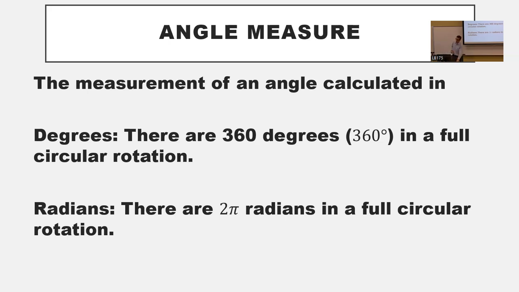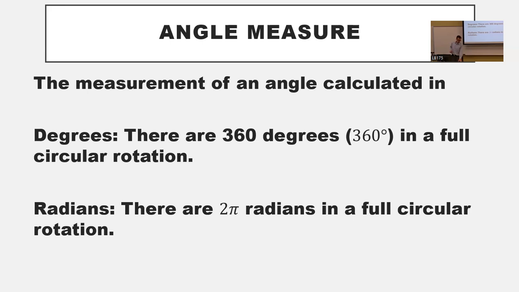With degrees, a full circular rotation is 360 degrees, and then any partial rotation is whatever percentage that is. So if I do a quarter of a circle, I do a quarter of 360, that'd be 90 degrees.